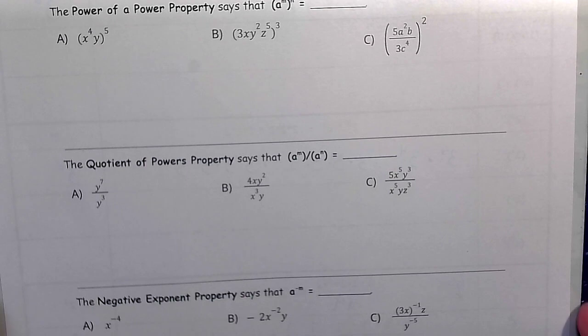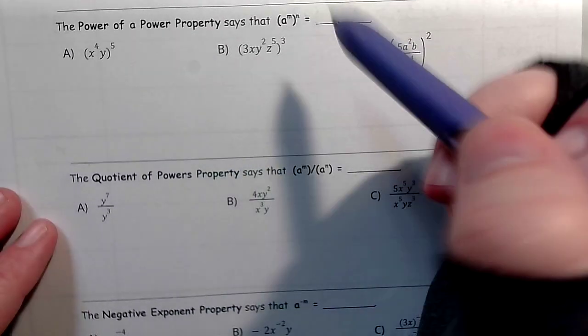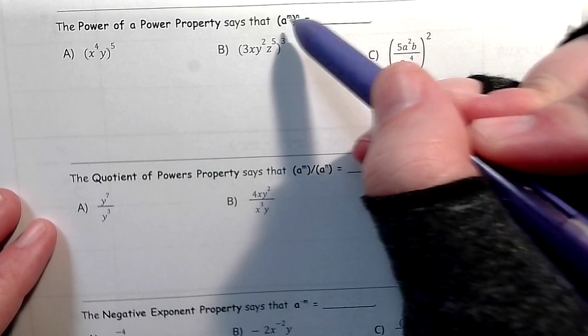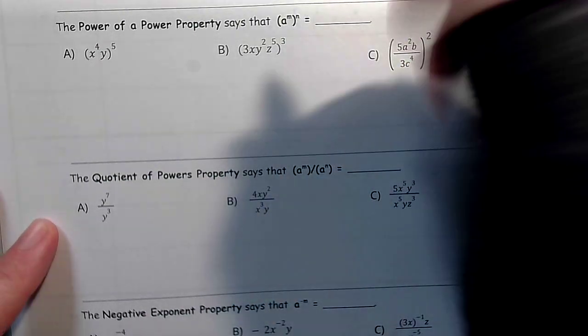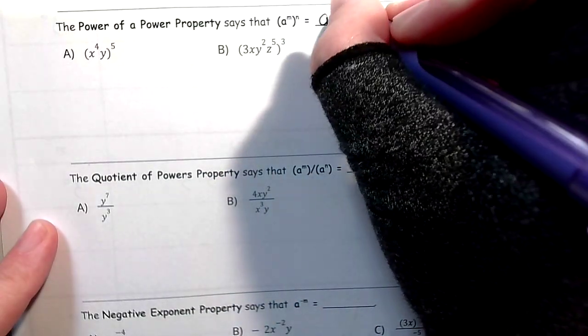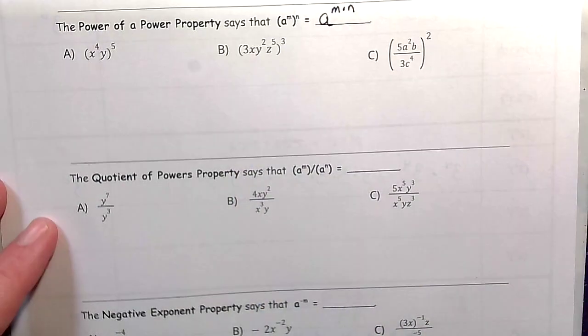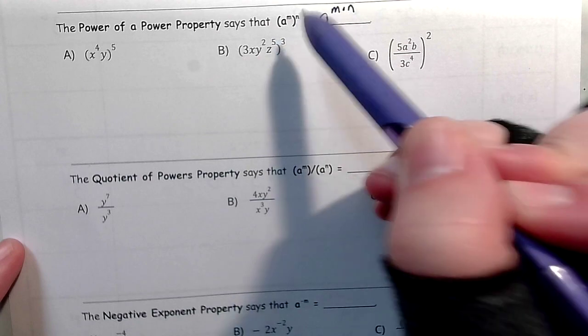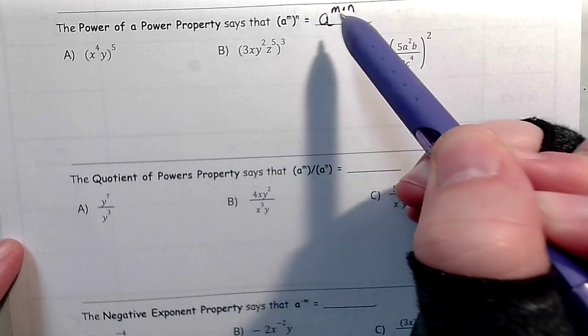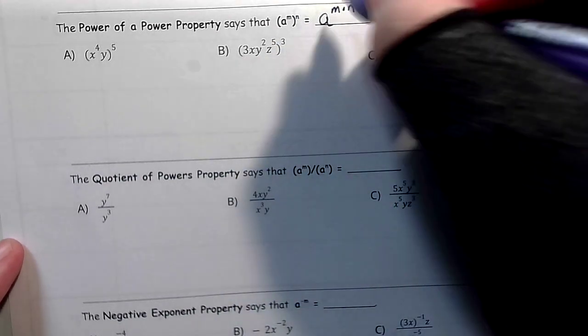So the power of a power property says that for any number a, m, and n, a to the m further raised to the n equals a to the m times n. So if we have something already with an exponent being raised to another exponent, we multiply the exponents.